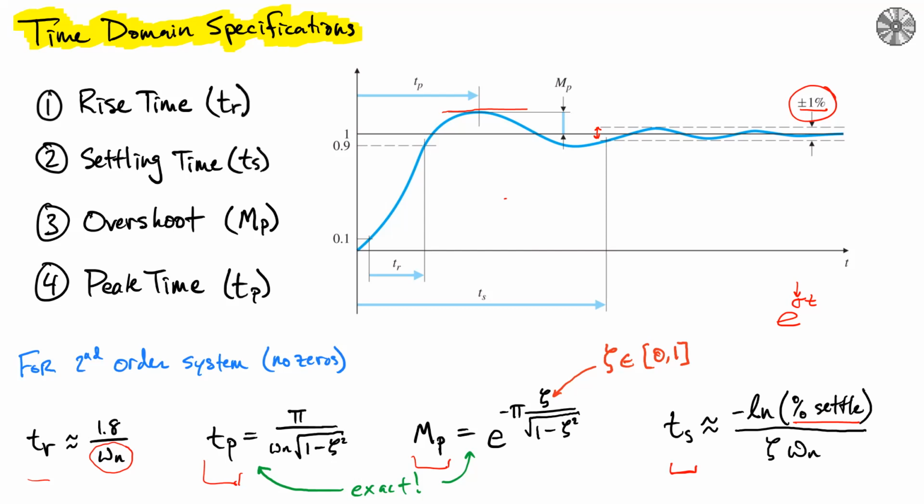So this really depends on sigma, and if I set this approximately equal to 0.01 for 1%, and solve for the settling time, I essentially get this formula. And again, remember from the previous slide that this value is equal to sigma based on our definition of zeta.